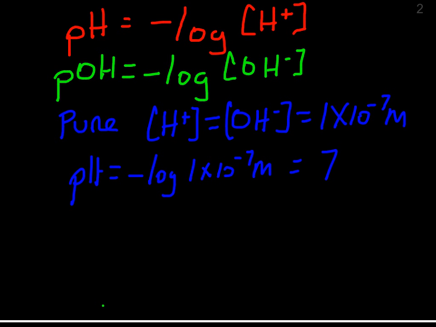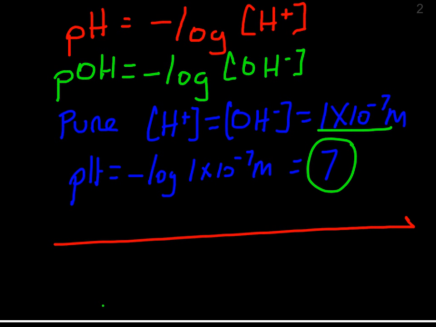Well, that 7 is a neutral solution on the pH scale. 7 is neutral because when it's 7, it also means that the hydroxide ion concentration was 1 times 10 to the minus 7th. So the pH scale ends up looking like this.